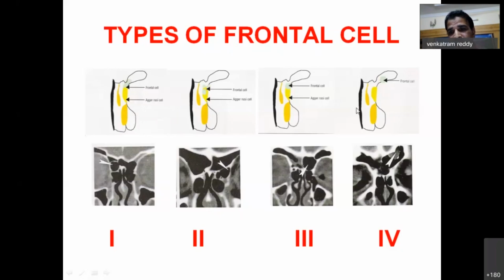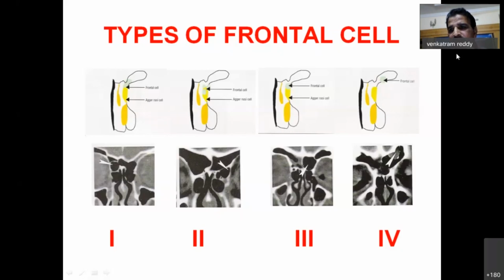Can you just remove the screen here? I'm not able to see this. Harsha? Sir, can you take out this? Because I'm not able to see this diagram here. Just close it, sir.